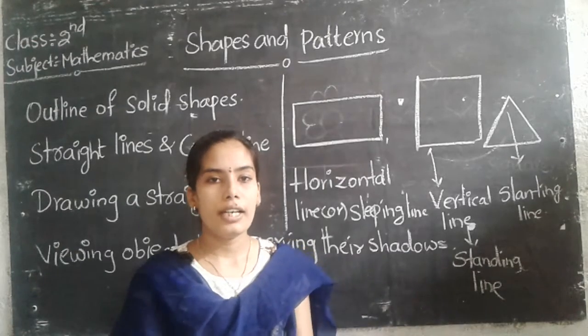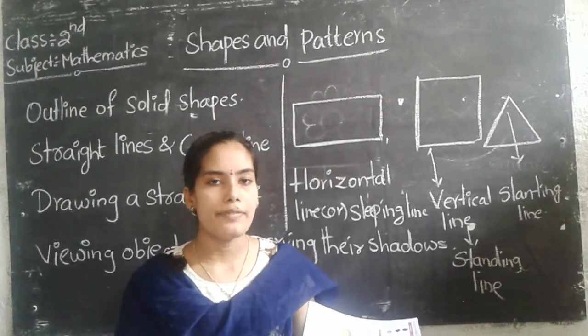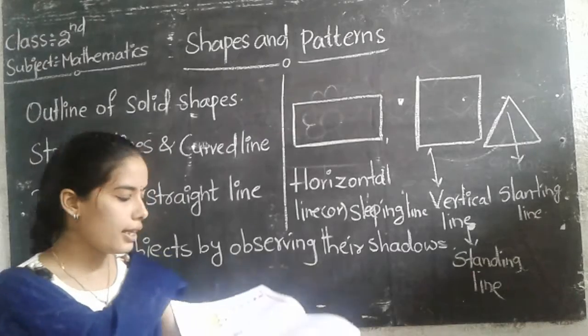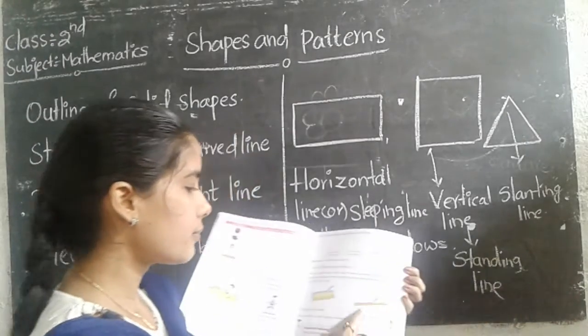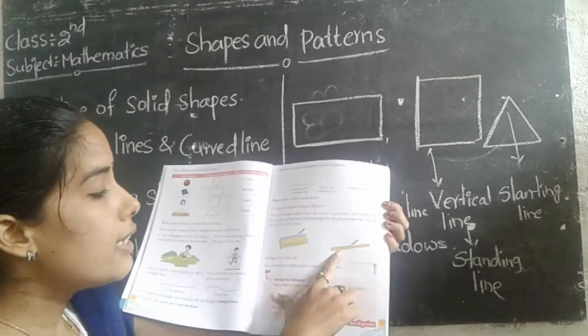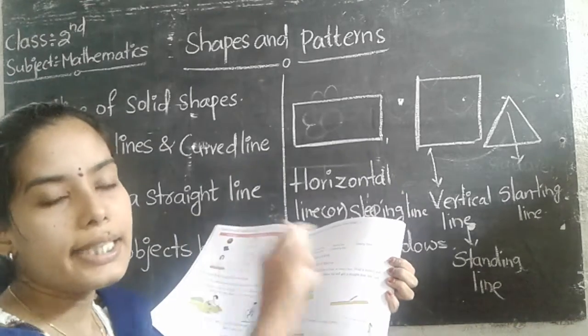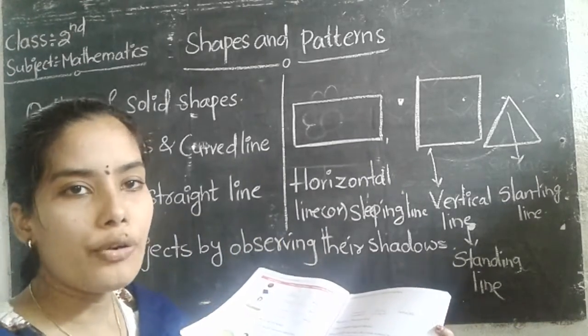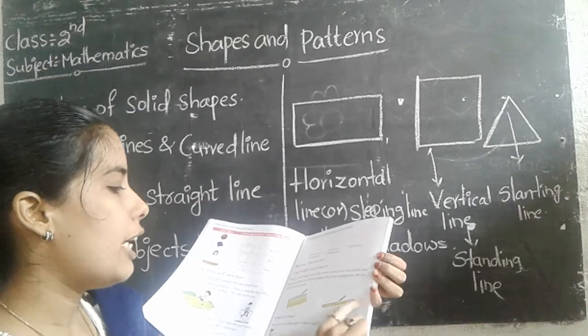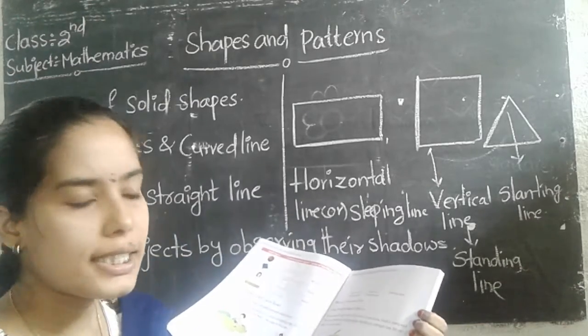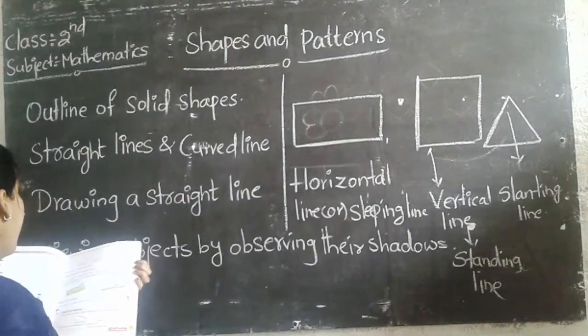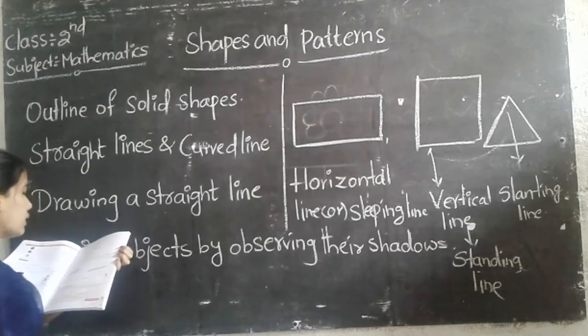So see, children, this is a ruler. If you want to draw straight, we have to use the ruler. How to use this? Take any straight edged object like book or pencil.